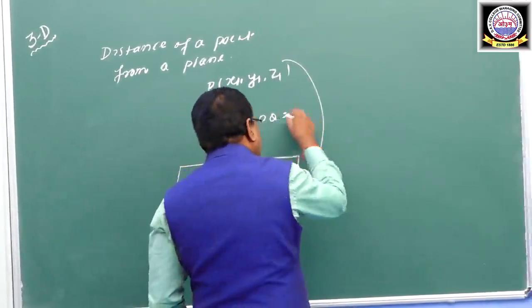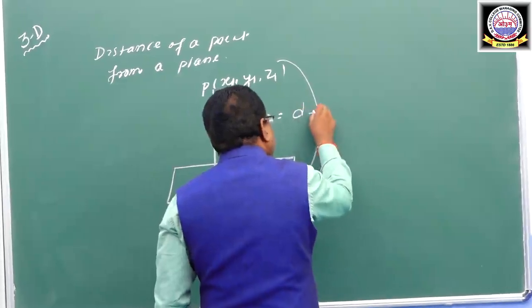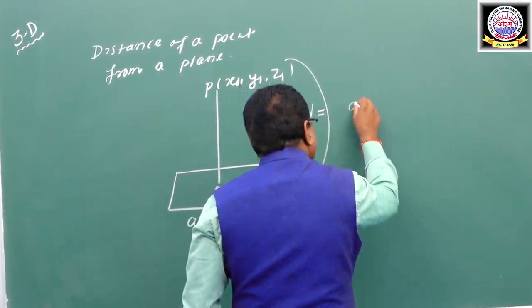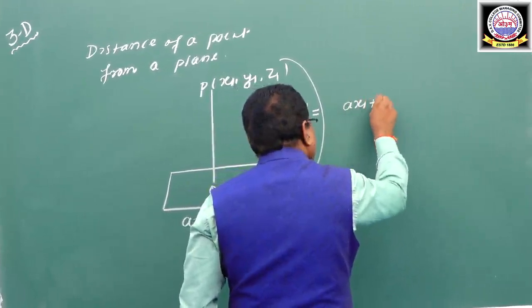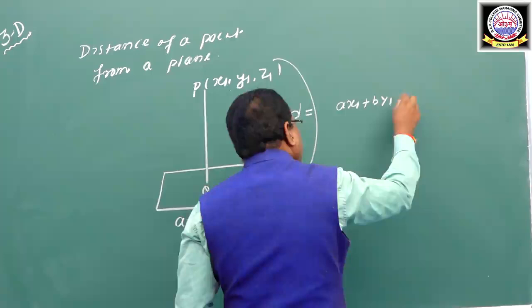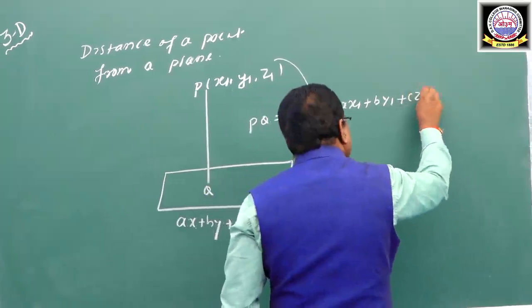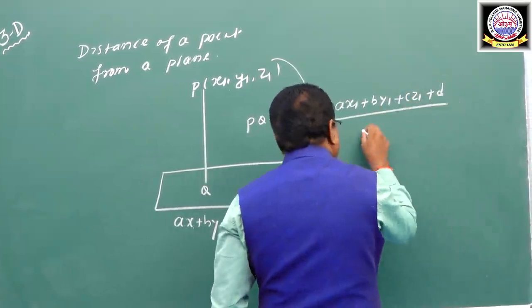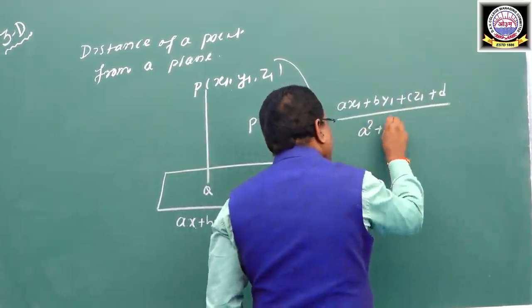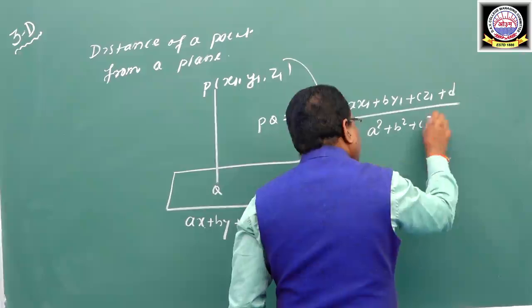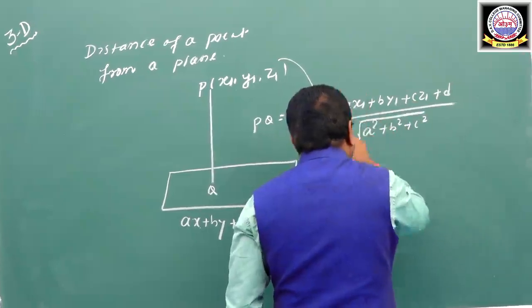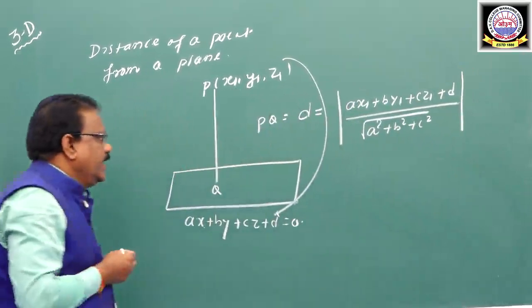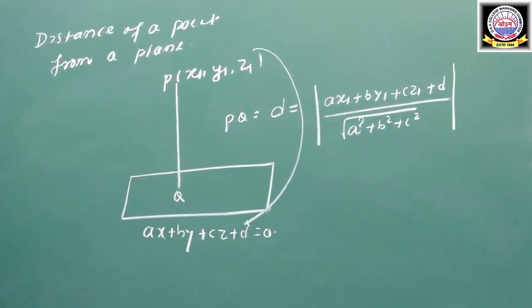So the distance PQ, or D, is equal to the modulus of ax1 plus by1 plus cz1 plus d, divided by the square root of a square plus b square plus c square. We take the modulus because distance cannot be negative.